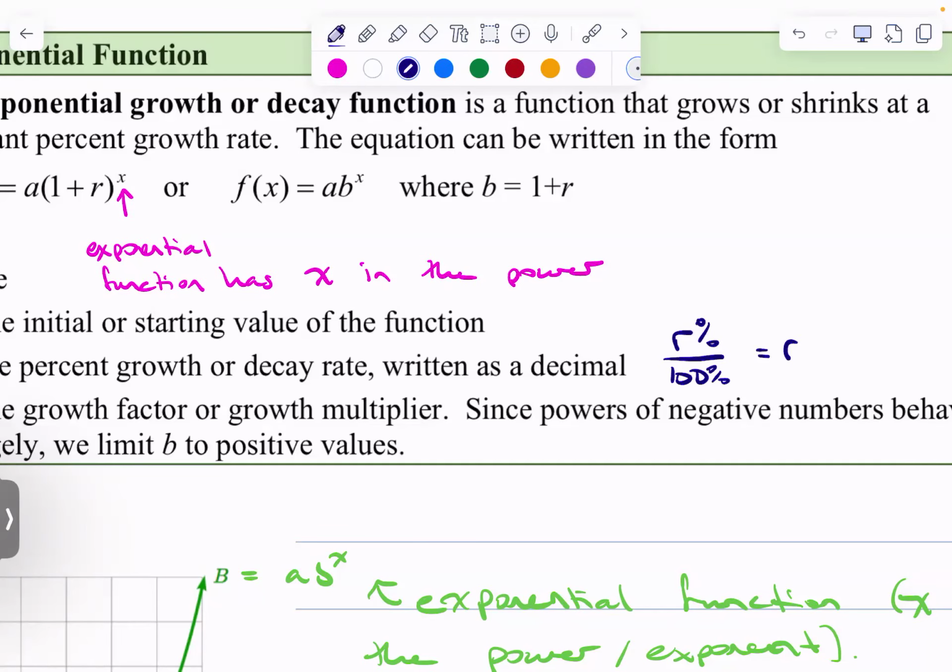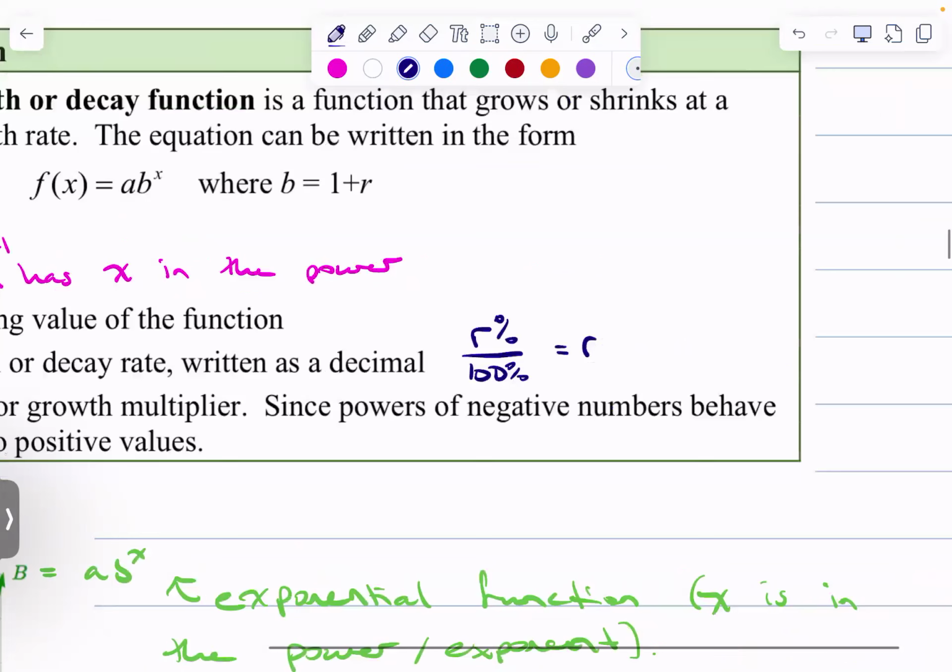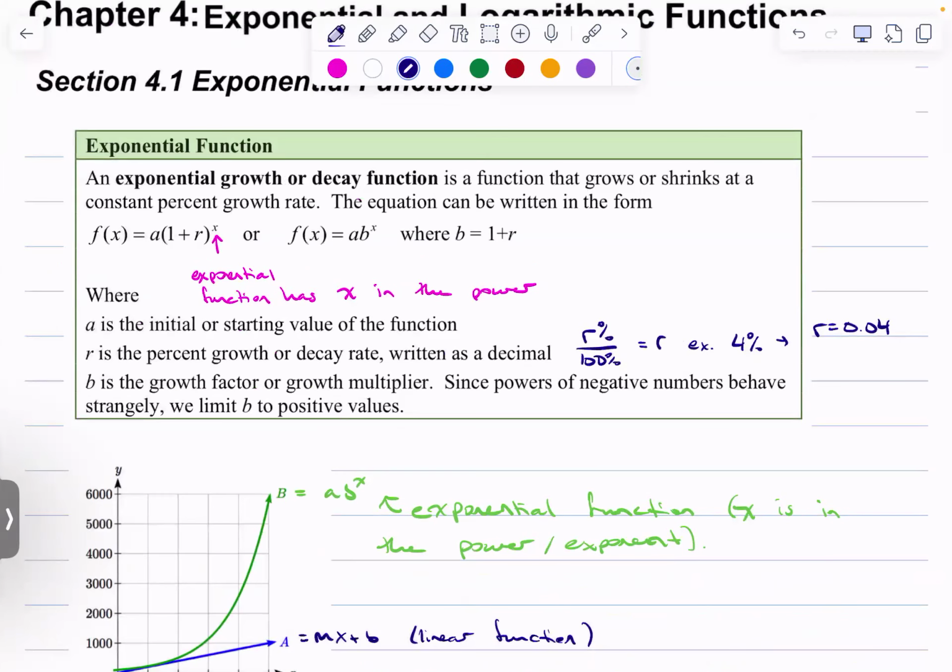Growing at 4% per year, right? But then, so for example, 4% means that r is 0.04. So for our math, we have to use the decimal version. I'll highlight that as a decimal.